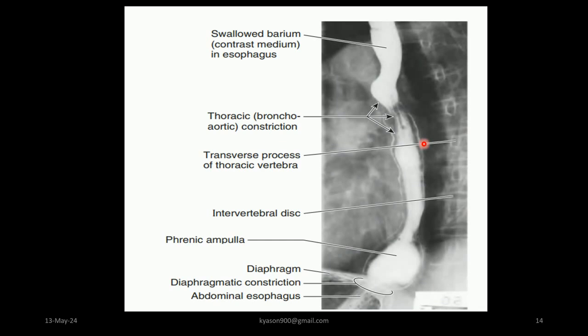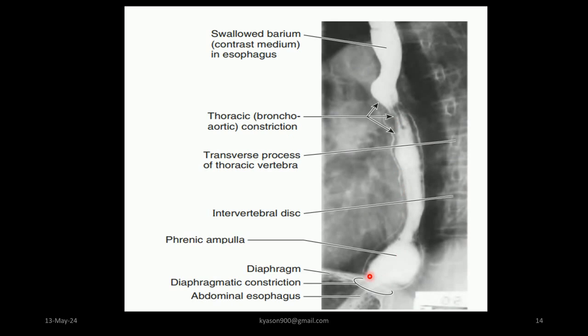Okay. Radiographically, these constrictions can be seen. In this image we are seeing only two constrictions. We are seeing the thoracic constriction here, what we also call the aortobronchial or bronchoaortic constriction. That narrowed area is there because of the aorta and the left main bronchus that are adjacent to the esophagus.